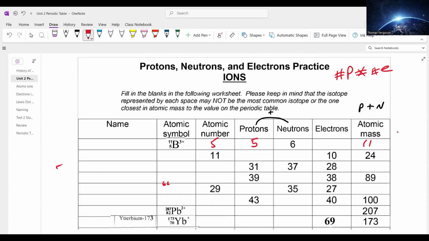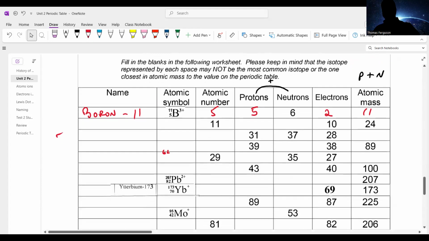Electron. Okay, so that makes that 2. And this would then be boron 11. Okay.